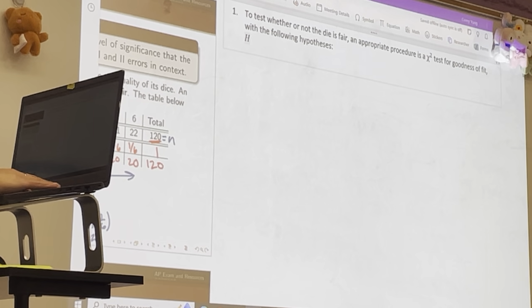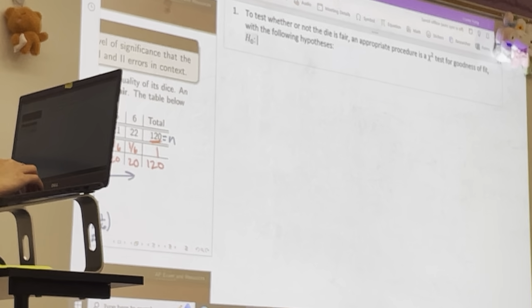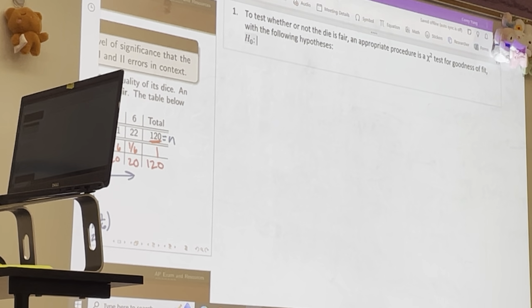Okay, so again, you guys know the drill. So the null hypothesis in this case, we're just going to say, assume that the die is fair, i.e. that each value should occur equally. Okay, that's what a fair dice means, right? That each value has the same probability.